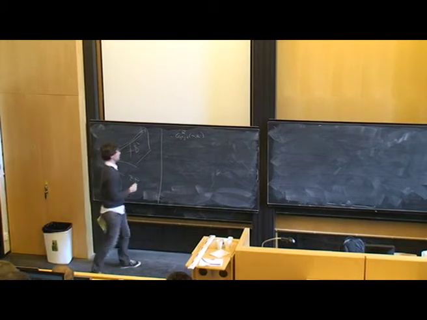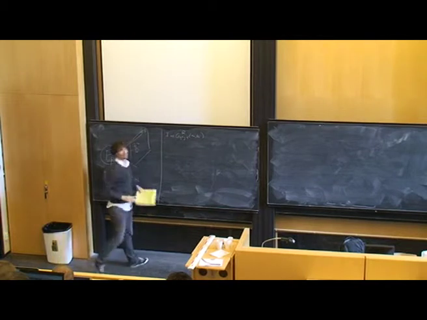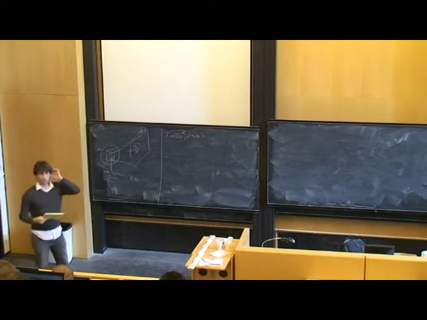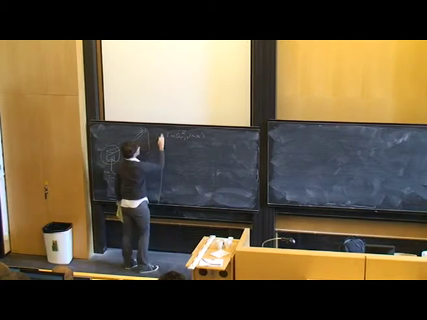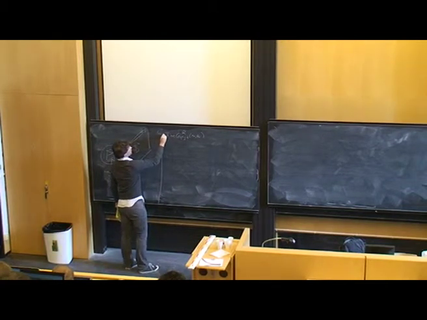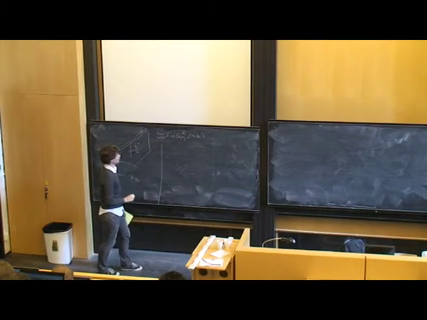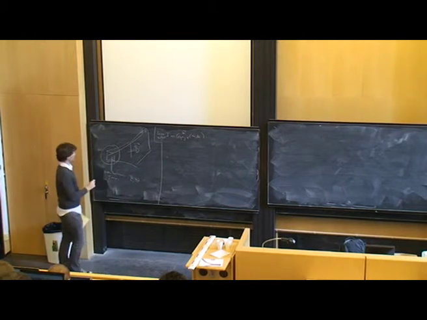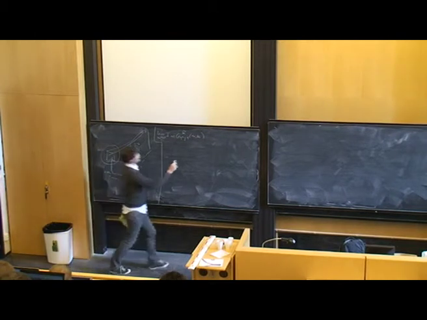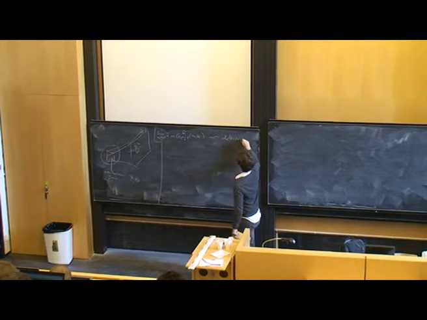The main message of this morning was that what's really important is the imaginary part of the retarded Green's function, which is also called the spectral weight, and that we're interested in the low frequency behavior of that as a function of k. And what I told you right at the end was that this is determined by the near horizon geometry.